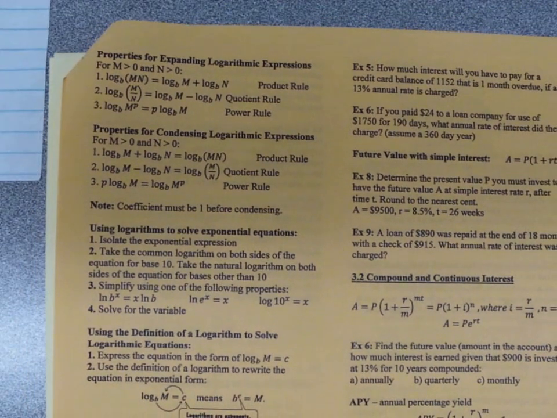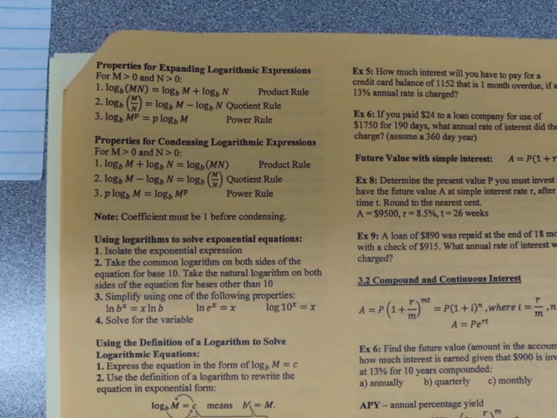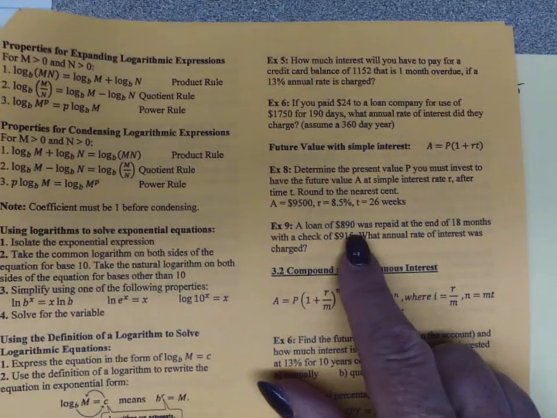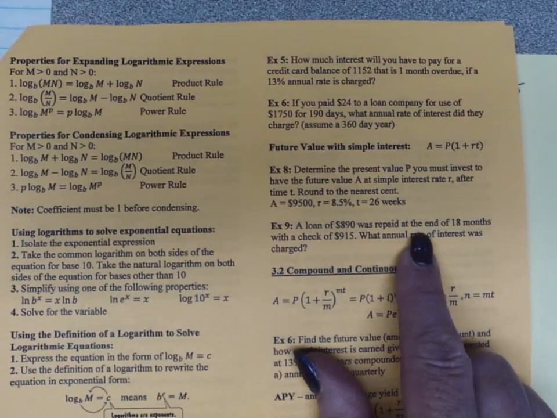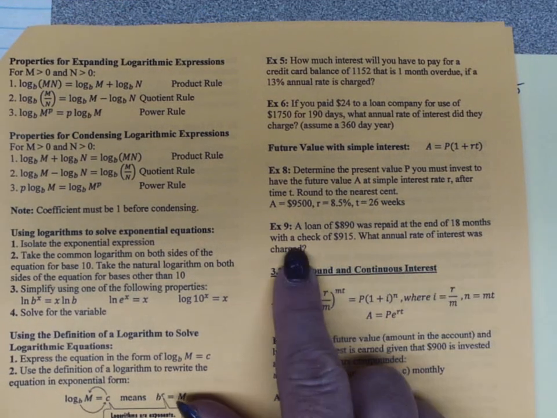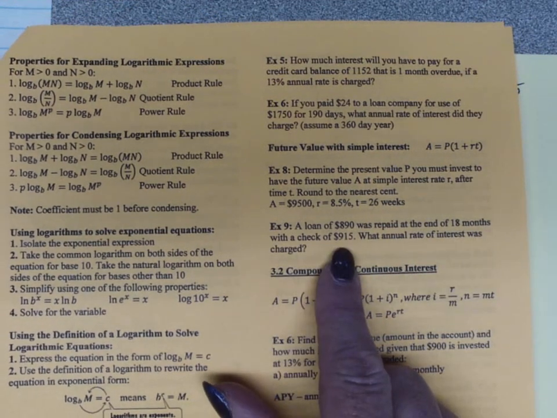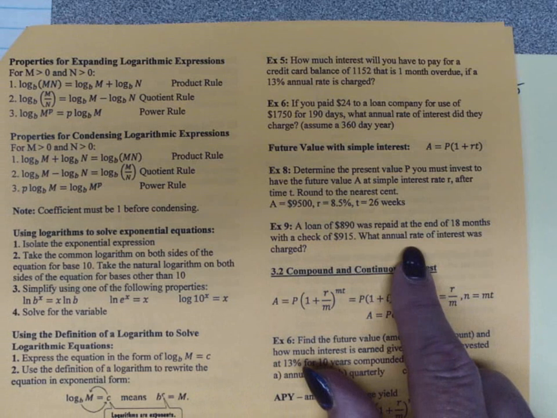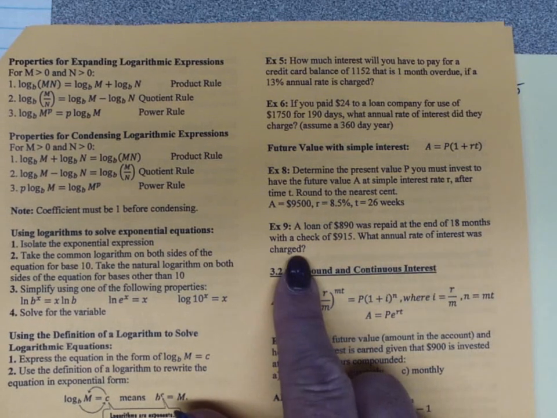All right, and example 9 will be our last example in this section. A loan of $890 was repaid at the end of 18 months with a check of $915. What annual rate of interest was charged?